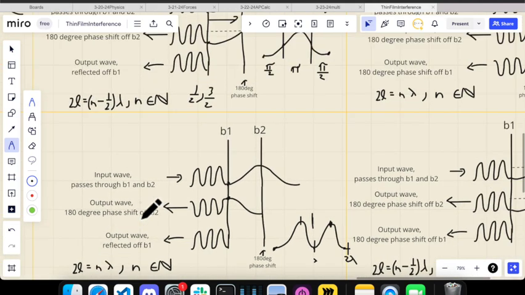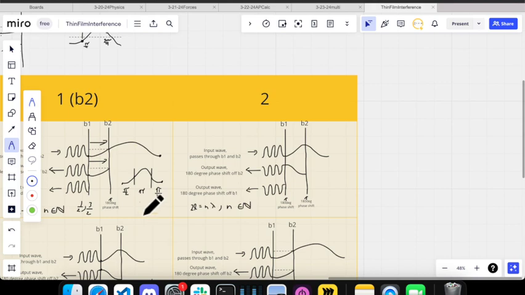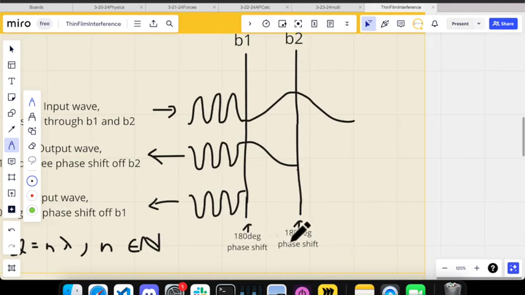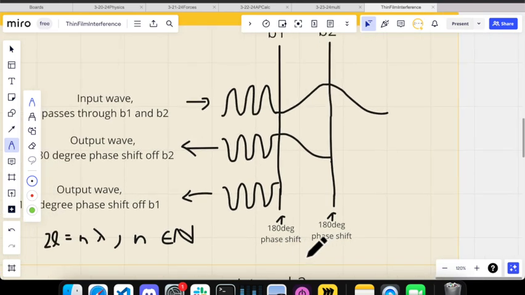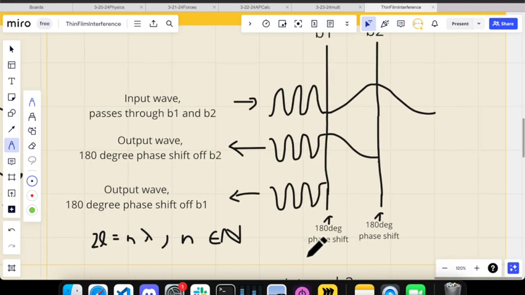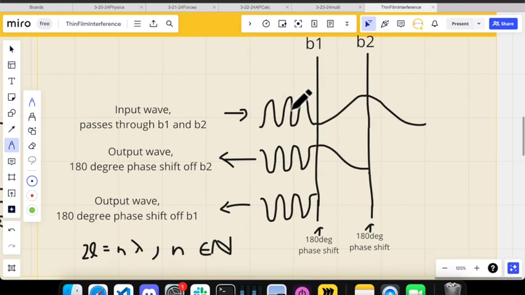All right, and now for the last scenario, where both boundaries are contributing phase shifts. Again, very similar logic to what we've been doing before. So we start with this waveform. We know we're going to end up with a waveform from the first reflection off the first boundary that is 180 degrees out of phase with the initial wave.